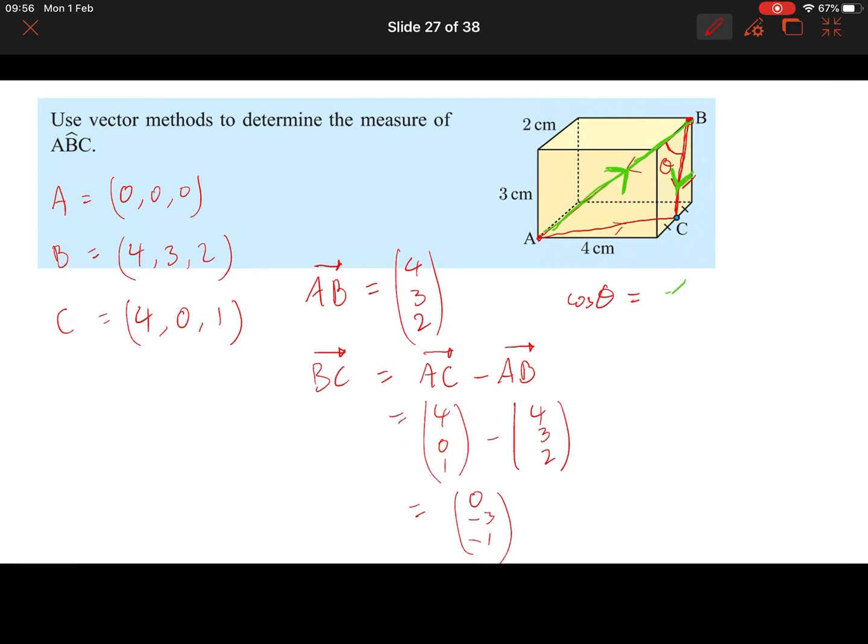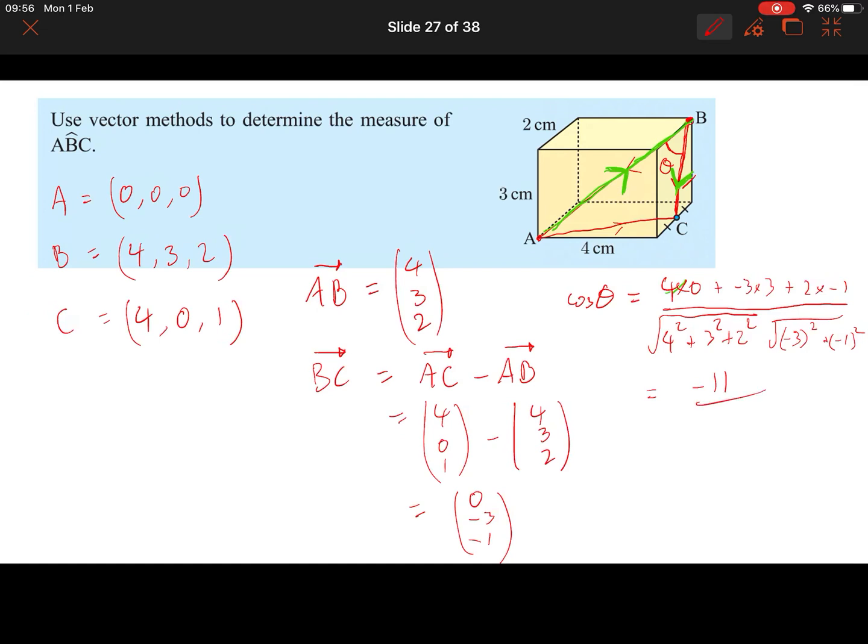So cosine of my angle is going to be equal to the dot product. That's 4 times 0, plus minus 3 times 3, plus 2 times minus 1, over the magnitude of each one: the square root of 4 squared plus 3 squared plus 2 squared, times the square root of 0 squared plus minus 3 squared plus minus 1 squared.